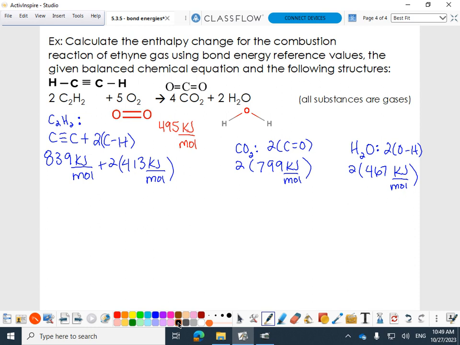There is more work you can show in this step if you like, so that hopefully you won't make as many mistakes, okay? So I'm going to write down the math I have so far. 839 plus 2 times 413 is 1665.